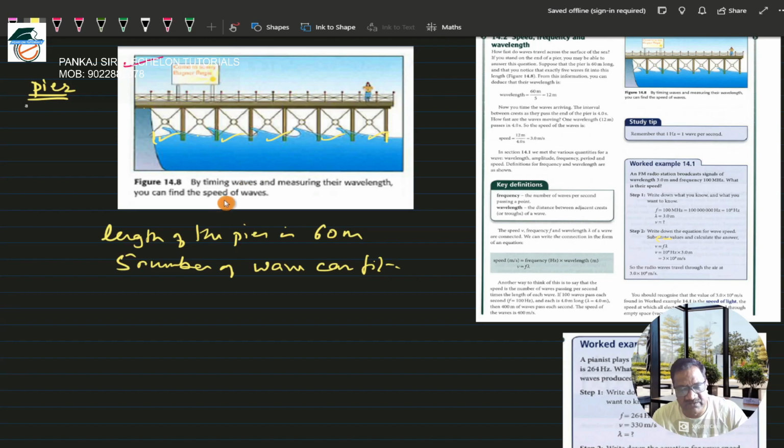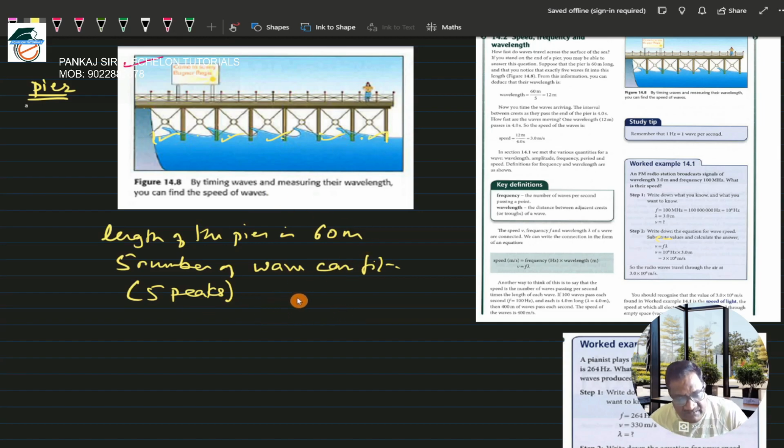If you see the peaks, you will be able to see 5 peaks. This is 1, 2, 3, 4 and 5 peaks. So 5 peaks represent that there are 5 waves between the starting point and the end point of the pier, that is within the 60-meter pier.